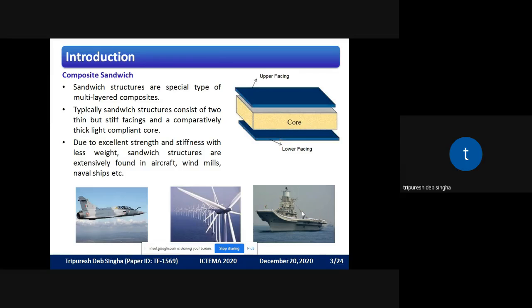The main purpose of the sandwich construction is to make light structures, which are used mainly in aircraft applications. Not only aircraft applications, but also different components in windmills, particularly the windmill blades, naval ships, and also turbo machinery applications.